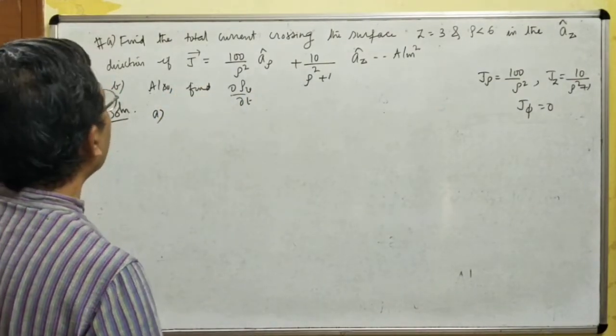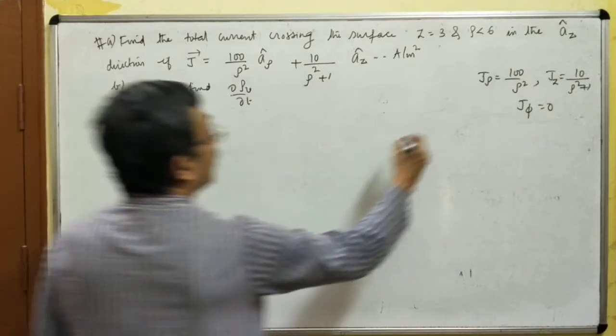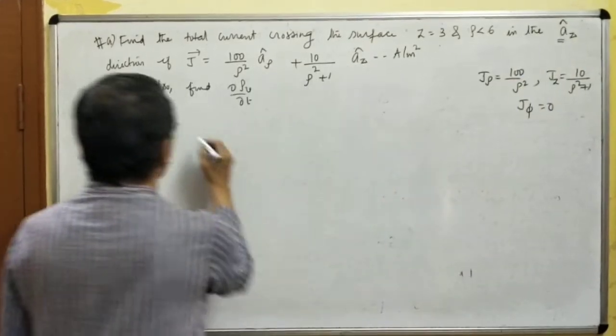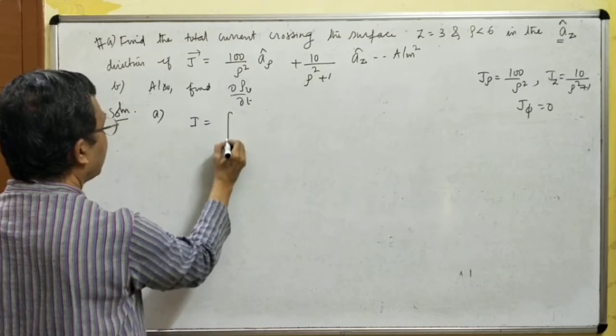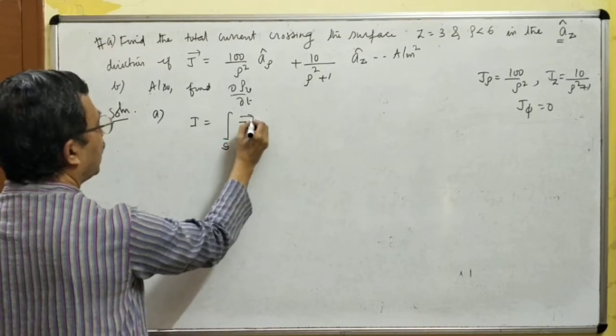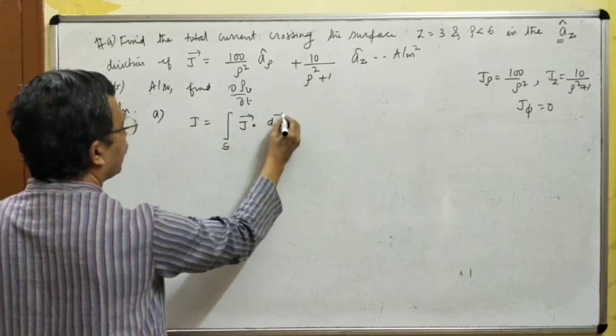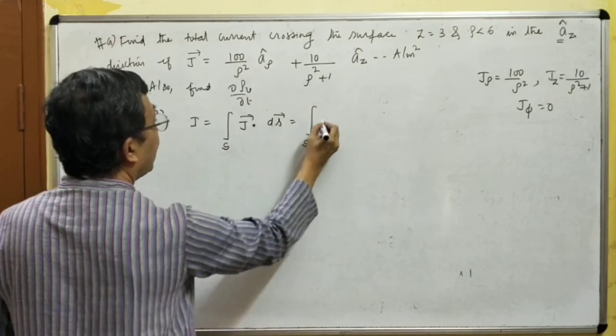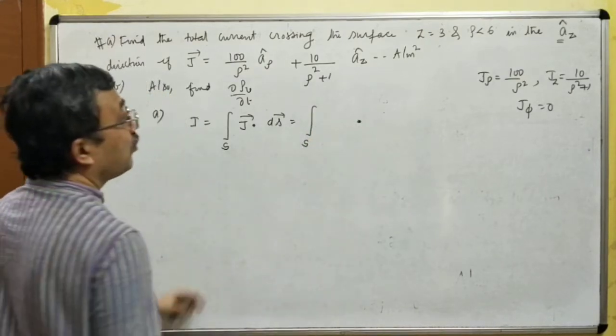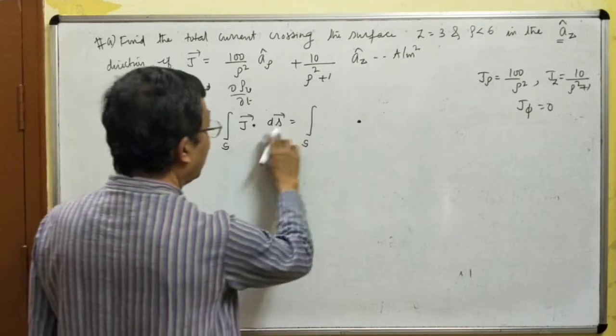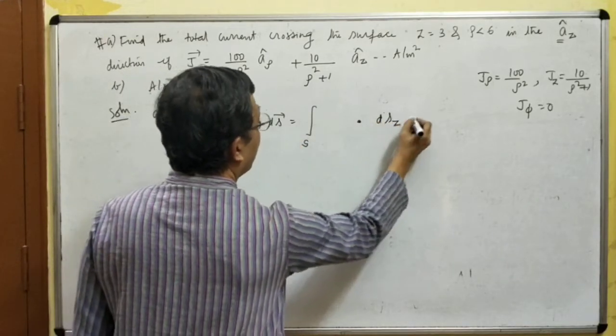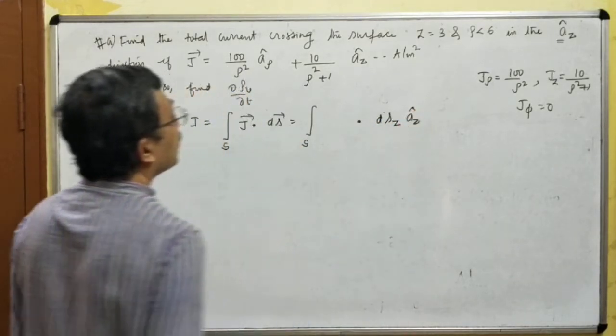Now first we will find current in which direction? Az cap direction. So current I is equal to the surface integral of vector J dot ds. He has told the direction should be Az cap. Therefore vector ds should be dsz into Az cap.